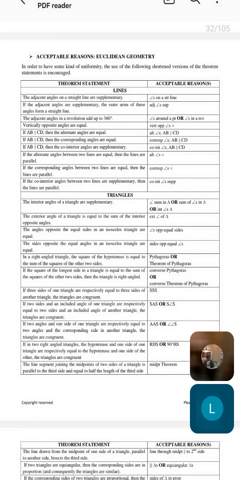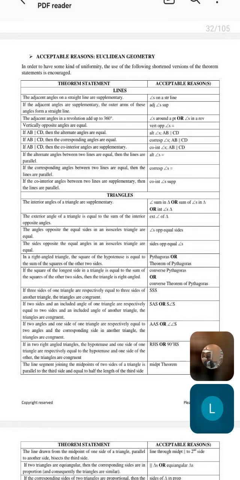Okay, so it's okay that you've been given the notes, but what I want you to do is to actually be familiar with this because, like I said, this is the department's official document for Euclidean geometry. This is a document that they encourage us as teachers to share with you. You can see that it even says that the versions of the theorem statements are encouraged, there at the top.